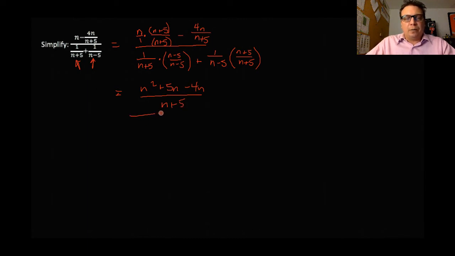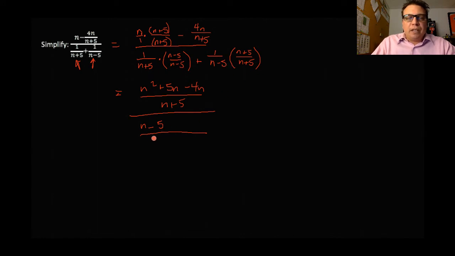So now we divide by, so here I'm going to have n minus, oops, that's supposed to be a minus, so let me make that adjustment there. So n minus 5. And then remember, the whole denominator is going to be the n plus 5, n minus 5, because we've got it in both.